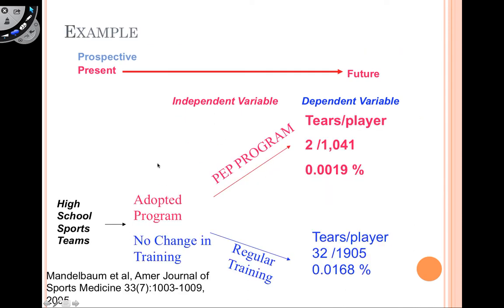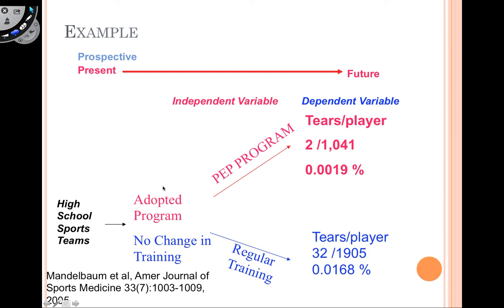So here's a good example of that. I have the same kind of study design here with a study that was performed on whether a PEP program, that's a program enhanced performance to prevent ACL ruptures, is effective compared to regular training. So the I is an intervention program meant to prevent ACL injury, and the control is just regular training in the preseason as you work up for soccer.